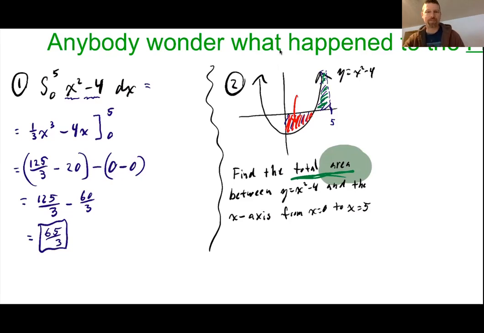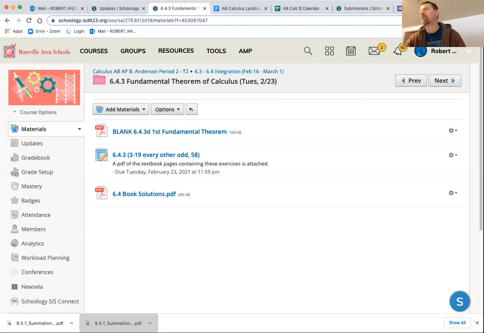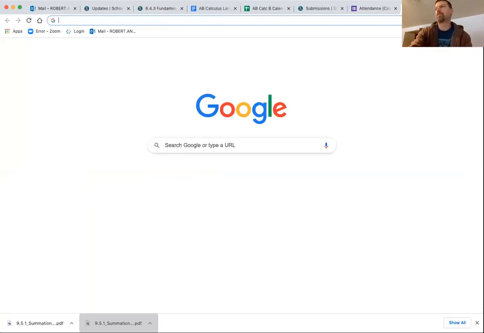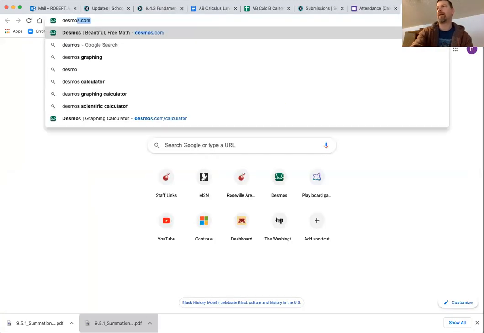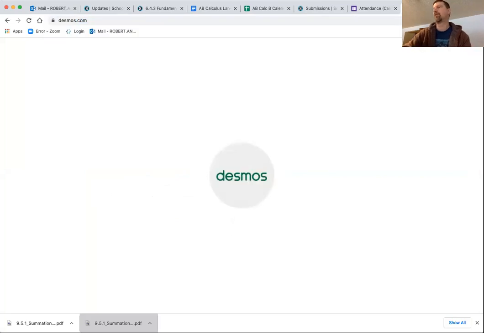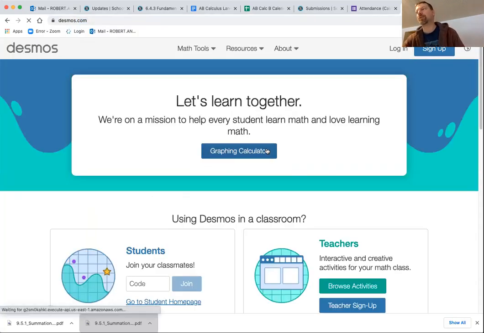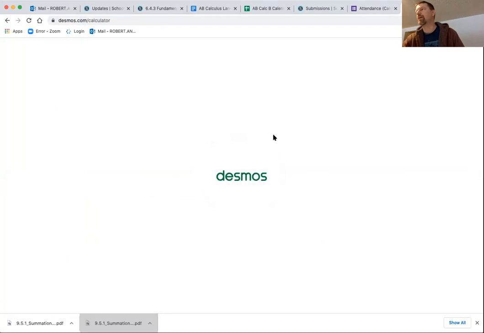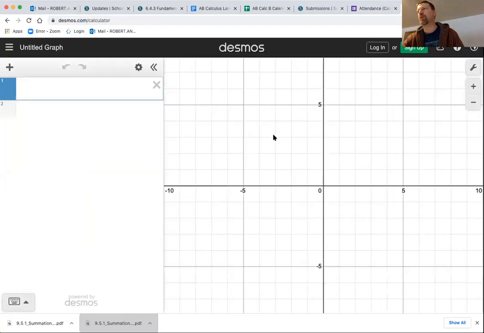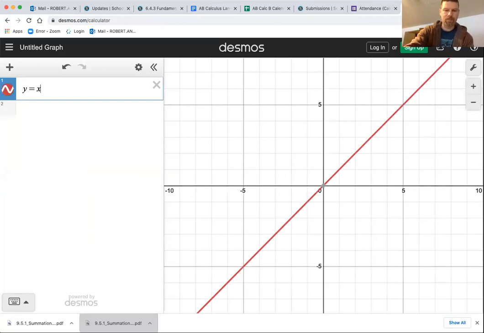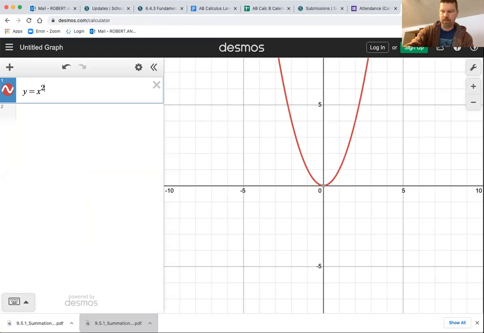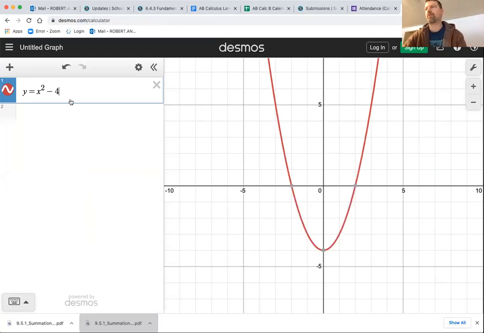So for this one, I'm going to share a different screen. I'm going to bring up Desmos. I'm just going to do it on my calculator to save a little bit of time here because we still haven't talked about today's stuff, which is going to be important. But seeing as where we were on Friday, it's probably worth talking about this. So if I do x squared minus 4, there's that graph.